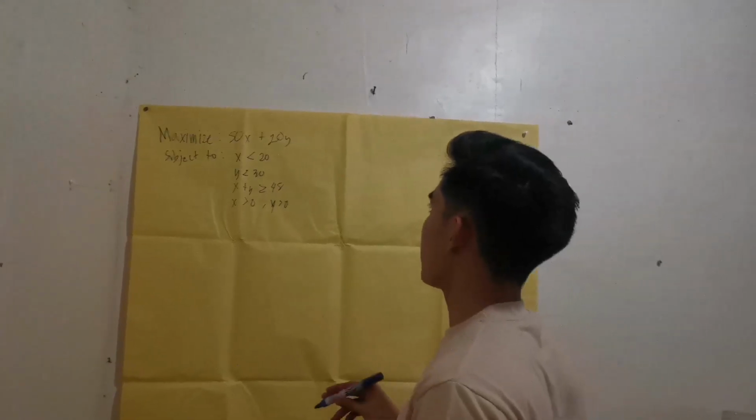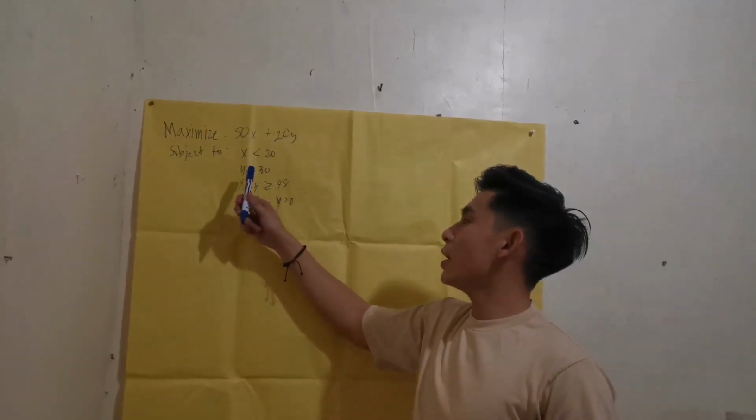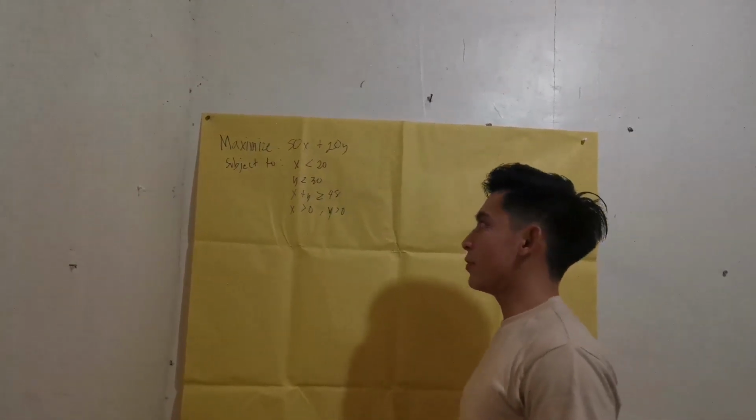So, nakita natin yung mga less than and greater than symbol. So, i-add natin yung mga slack variable.